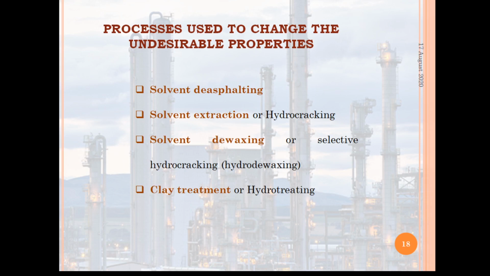Whatever vacuum gas oils or vacuum residue come from the vacuum column need to be sent to the deasphalting unit first. Then they pass through the solvent extraction process, then the dewaxing process, then the clay treatment process, and then we get the final oil. For further quality improvement of the product lube oil, we can blend it with some additives.